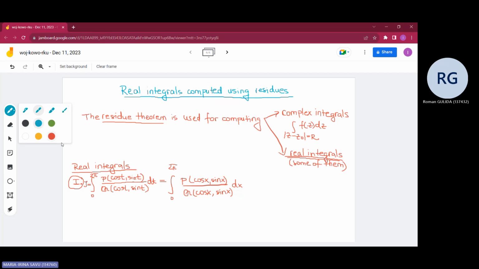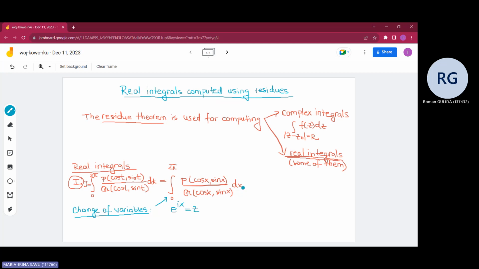I've told you that if you want to compute such an integral, you have to make a change of variables. Let's take a look at this integral. We'll denote e at ix by z.